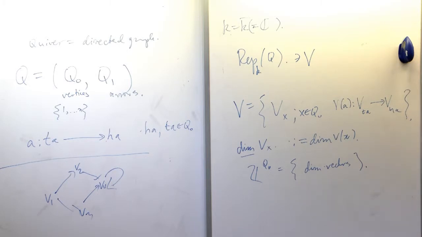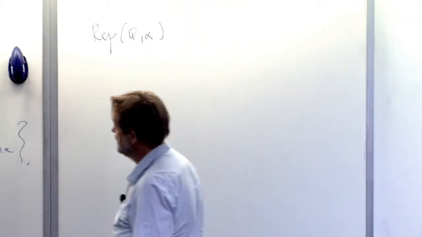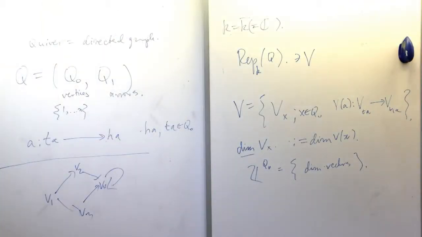So now if we fix a dimension vector alpha, we take this set Rep Q alpha, representations of dimension vector alpha. I have a bunch of matrices of fixed size, and then I can change bases at every vertex.